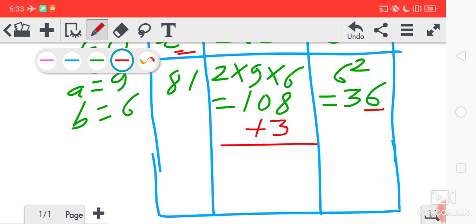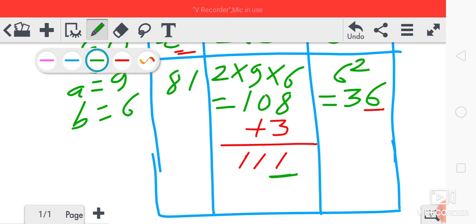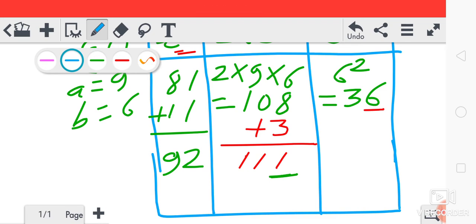So 3 I am adding here. 108 plus 3, how much will we get? 111. Okay, now in 108 plus 11, again the last digit will be underlined, and what is left? 11 is left here, so 11 we will add here. Okay, 81 plus 11 will get here 92, and in the first column both we have to underline.